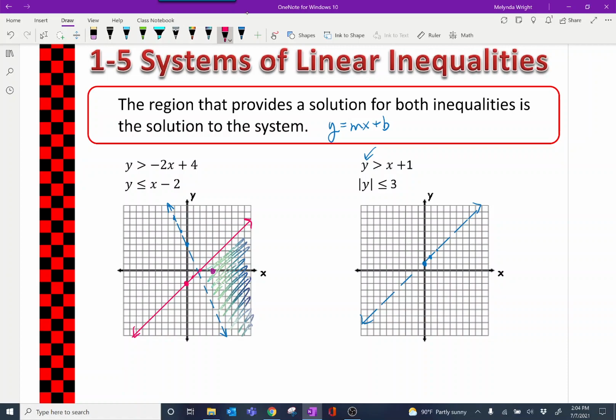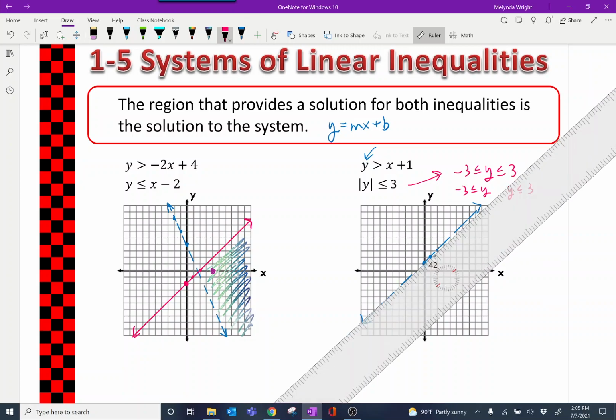Let's remember how we worked with our absolute value inequalities. Remember, this less than is an and, so I can translate this as negative 3 less than or equal to y less than or equal to 3. Now, that gives us a bit more information. If we just look at the equal part, y equals 3 and y equals negative 3, that tells us where our lines would be.